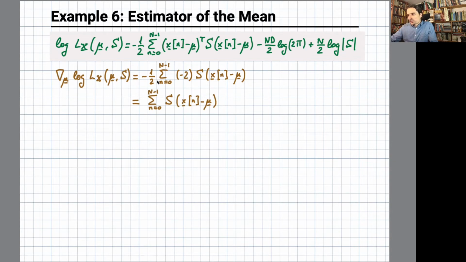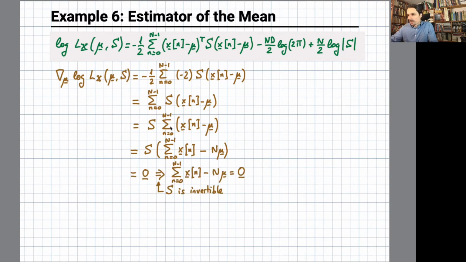Now one can just cancel these constants and exchange the order of S and the summation, as well as writing the summation inside the parentheses. Note here that we need to multiply mu by n because we are adding it n times, right?